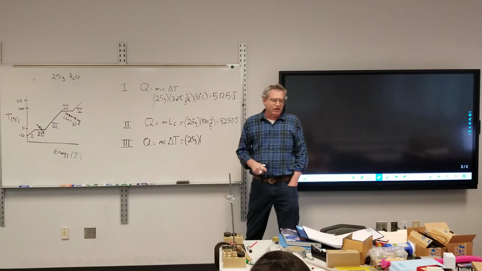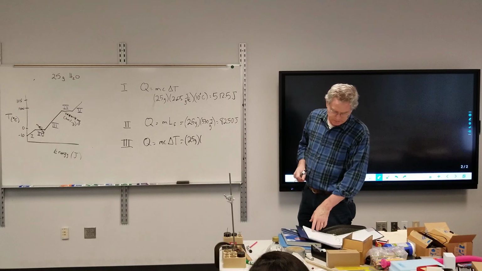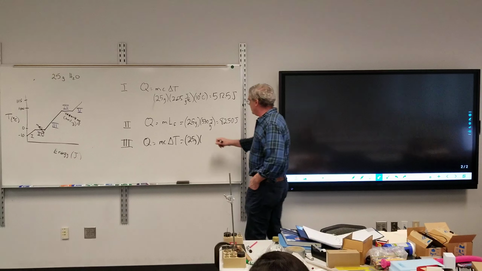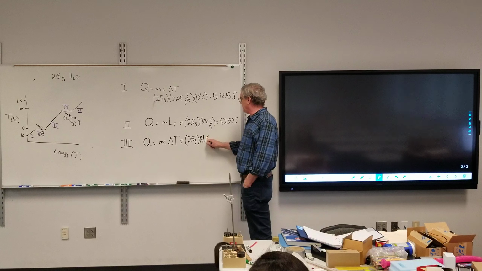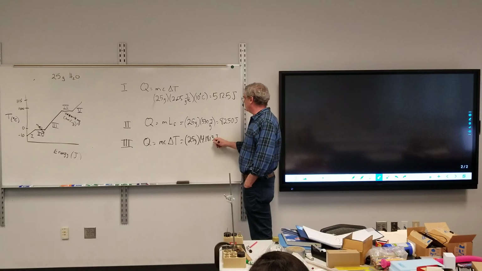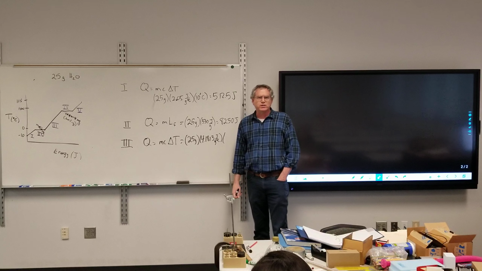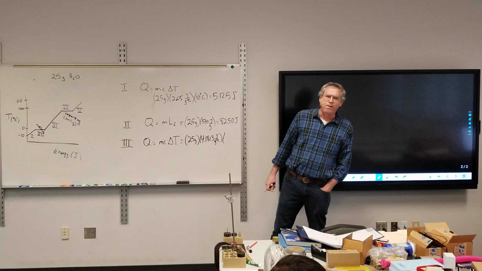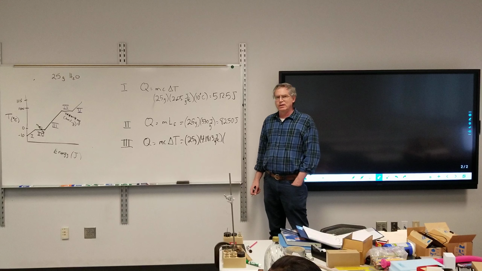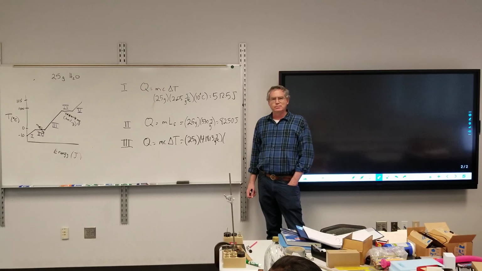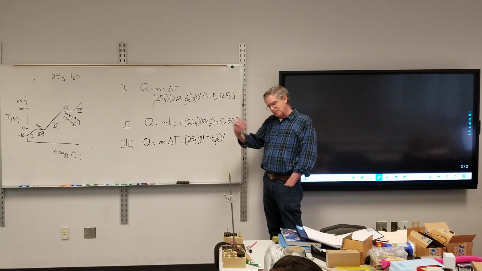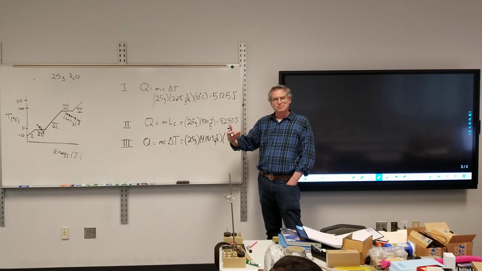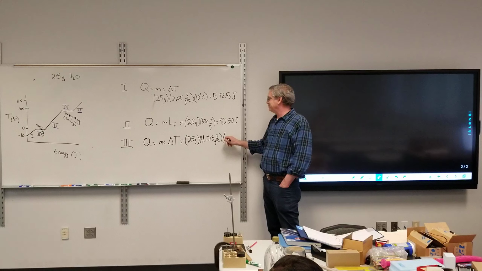Specific heat of liquid water, 4.1813 joules per gram degree Celsius, times, what is my change in temperature? 100, the whole thing, degrees Celsius. Yep, that's it.